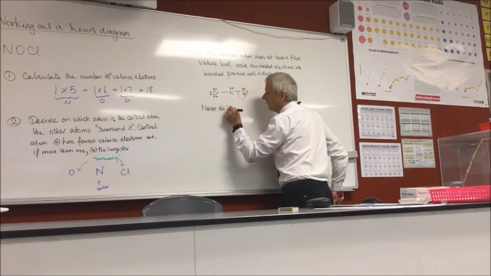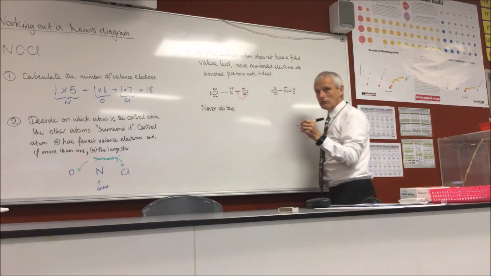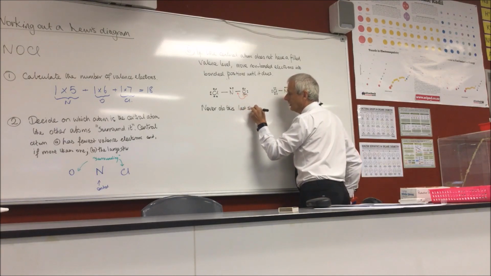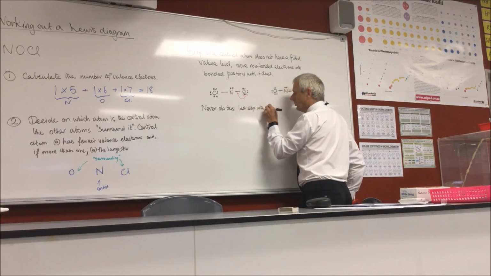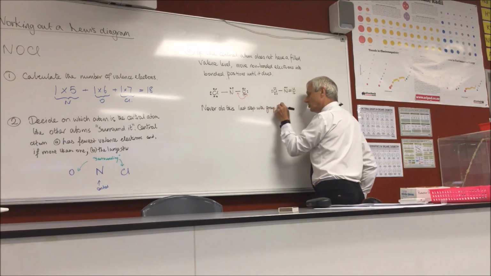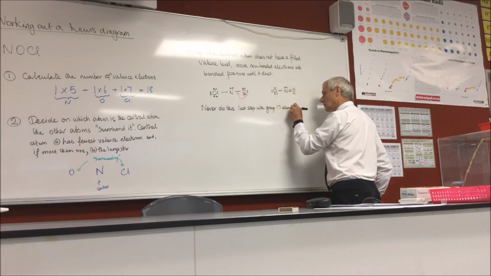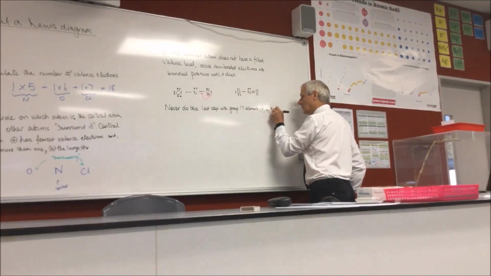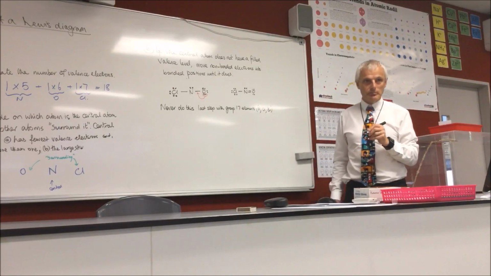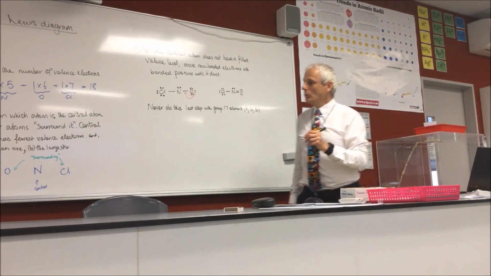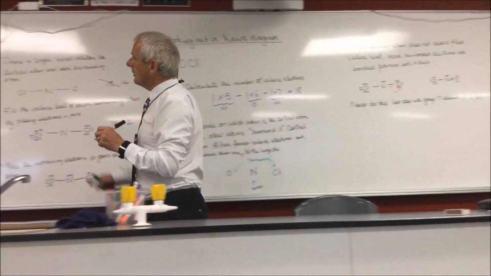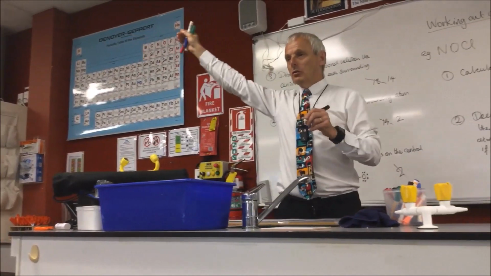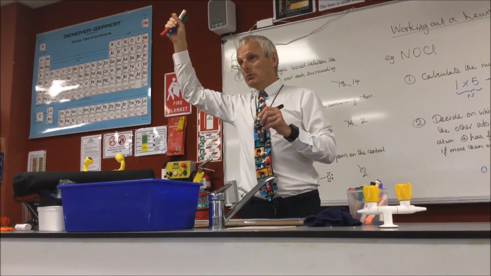Just group 17. By that we mean fluorine, chlorine and bromine. Never do it with those. Because what you're saying is these atoms have got 7 electrons, and you're expecting them to share not just 1, but 3.